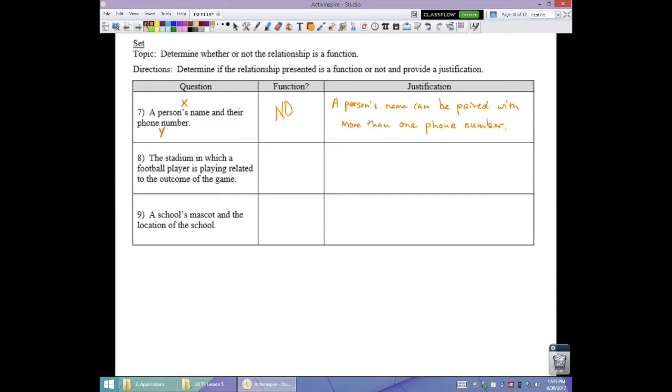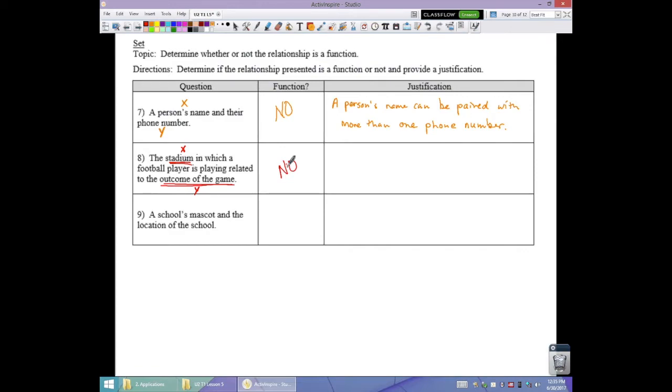How about number 8, the stadium that a football player is playing in related to the outcome, meaning win, lose, or tie? Does every stadium get paired with exactly one outcome? Well, again, I don't believe so. A team could play in a stadium and win one week.